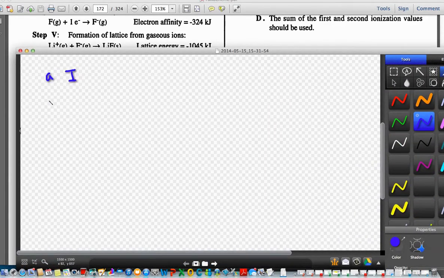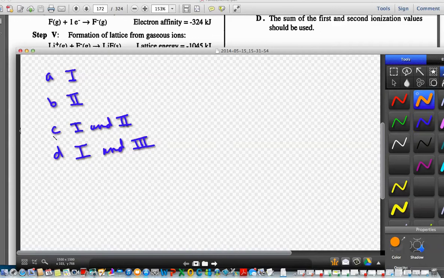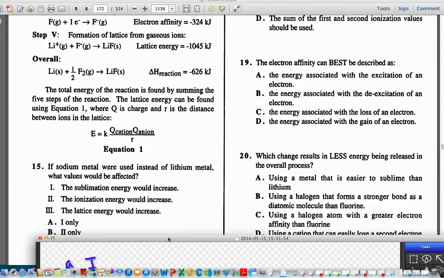So we know right off that these cannot be part of the answer. So all I need to do, I don't need to look at statement 1. It'd be foolish to look at statement 1 because statement 1 is part of both of the remaining answers. Only look at statement 3.